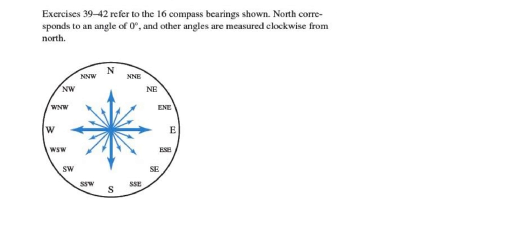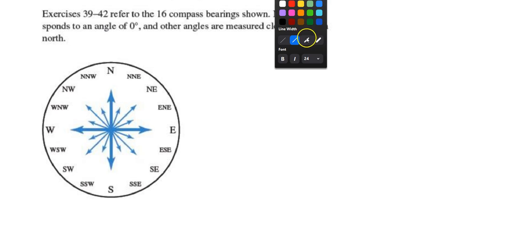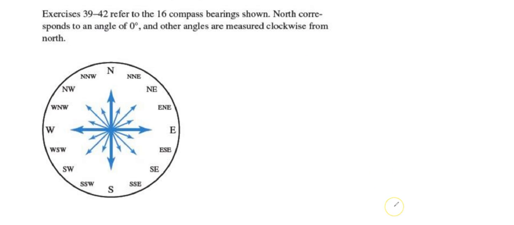Compass bearings on a circle involve a different scale. This is not like the unit circle, which we'll see more. Compass bearings start with 0 degrees being at the top of the circle, due north.